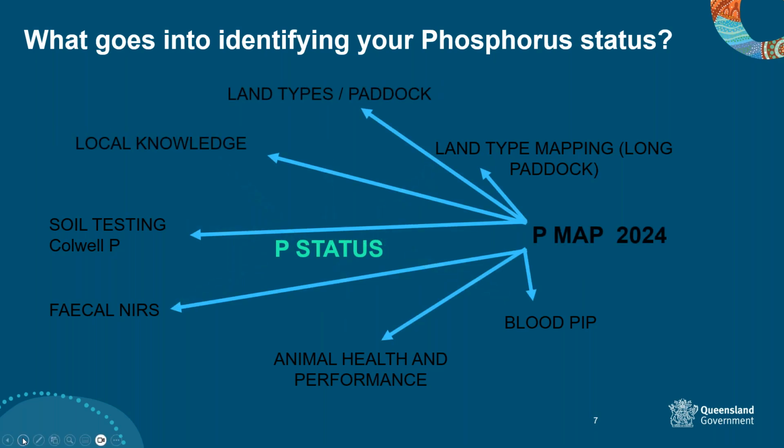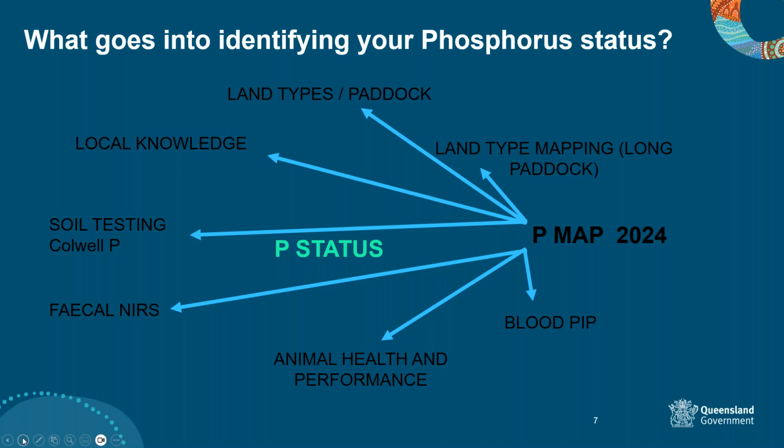Okay, so not only do these different factors that combine to P status help to improve our certainty around our P status, but they help to improve the accuracy of each other. And I'll just include the P map in that as a specific example. I think they all help one another.